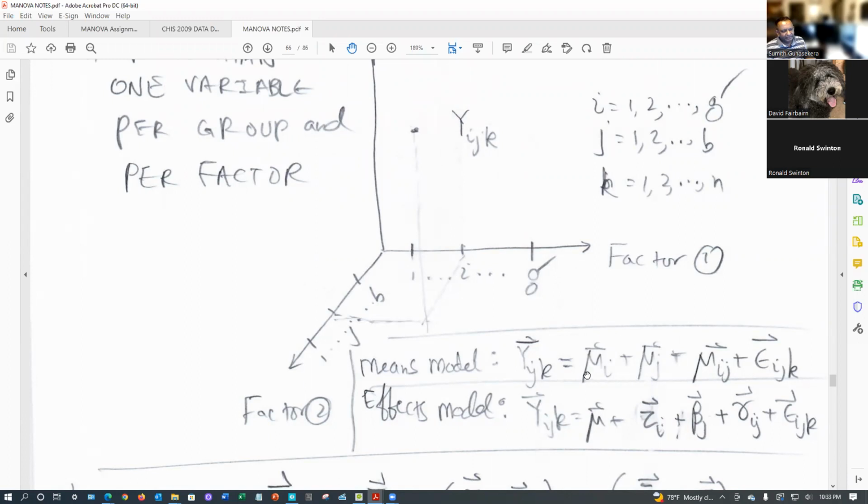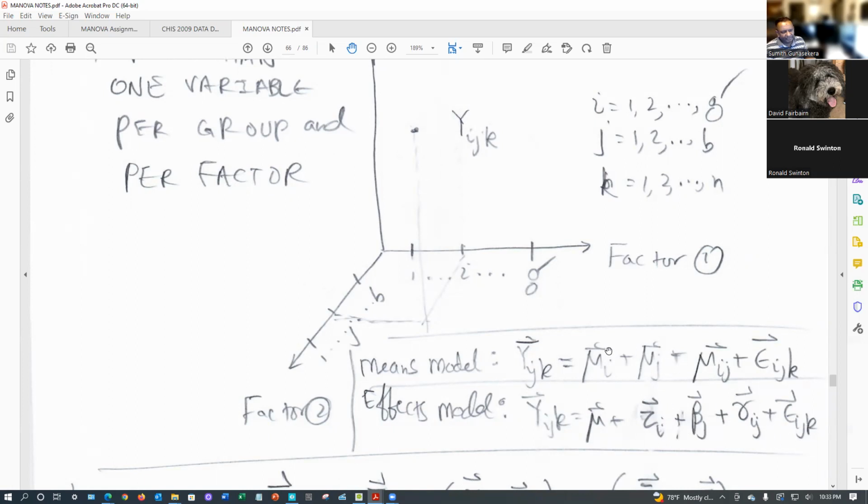It is the same as the average of the first factor plus the average of the second factor plus the average of the interaction term plus the average of the error, which is the same as the grand mean plus the effect from the first group, the effect from the second group, the effect from the interaction, plus this one.